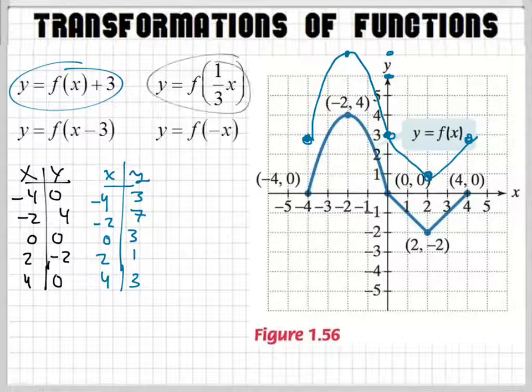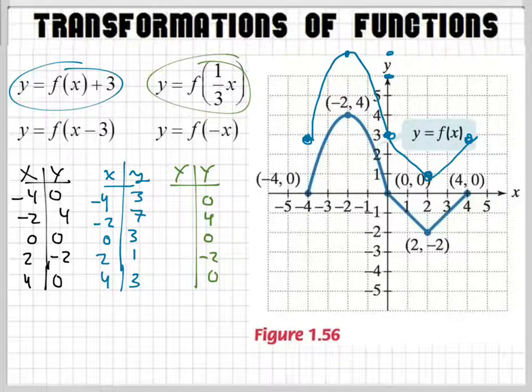Okay, so this one right here, if I were to make a table for this one, what values am I changing on this one? Am I going to change the y values or the x values? The x values. So the y values stay the same, so they're still going to be 0, 4, 0, negative 2, and 0. How do my x values change, though? Now remember, when things happen to the x values, you got to think the opposite, the inverse.